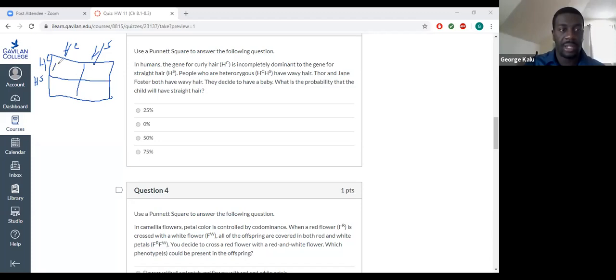So here we would find HCHC in this top left box. In the top right, we would find HCHS. Oh, this is bad. Okay, then we have HCHS again. And then the last box, we have HSHS.